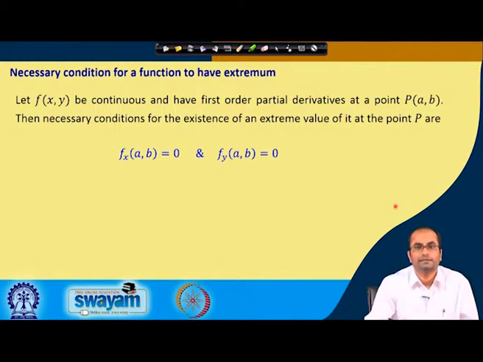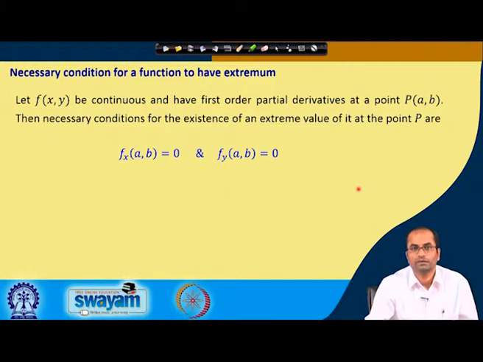If we have a point where f_x and f_y both are 0, then we cannot claim that at this point there will certainly be a local maximum or local minimum, because this is a necessary condition. Necessary conditions means that this is the first condition we have to check, or in other words, these points will be the candidates for the local maximum or minimum. There may be a local maximum or minimum, there may not be.